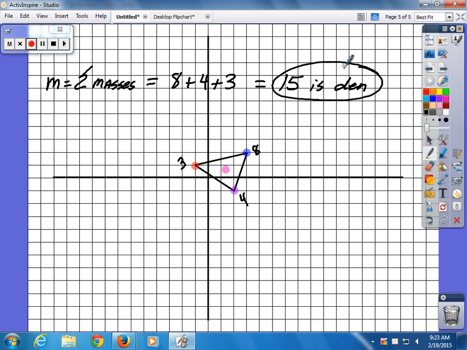Okay, now we got to find the moment around the x-axis and the moment around the y-axis. So what they're asking is thinking about around the x-axis and around the y-axis.